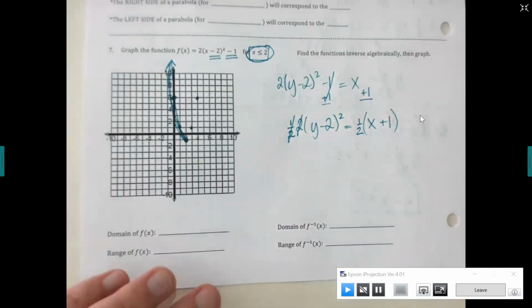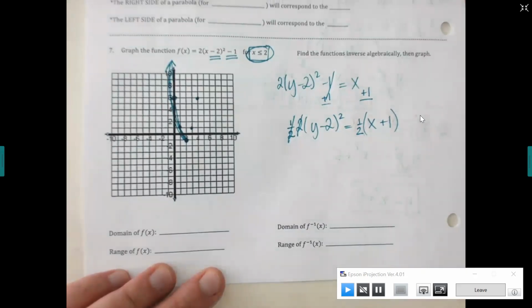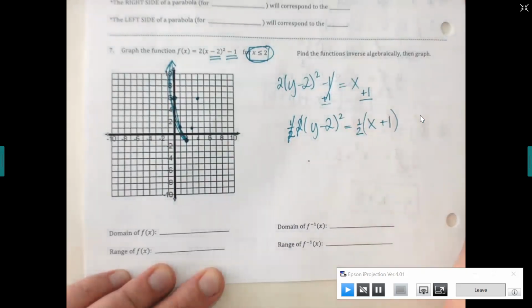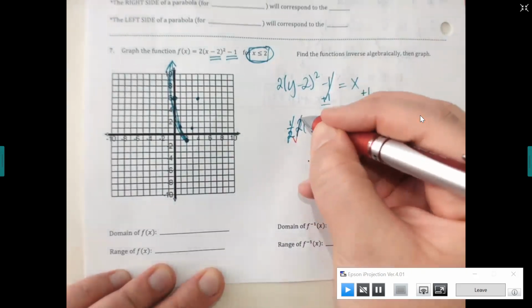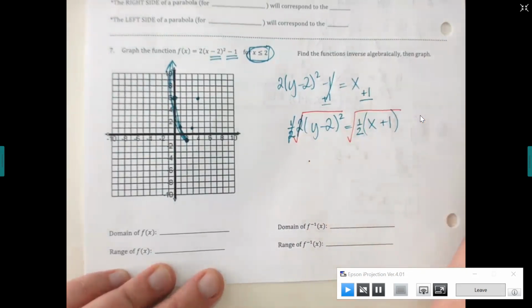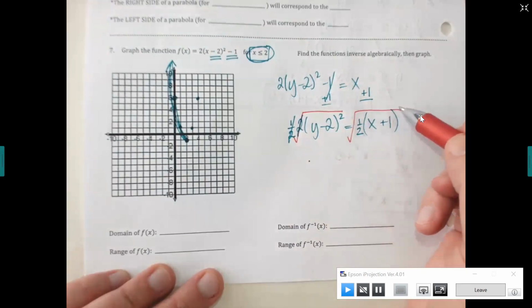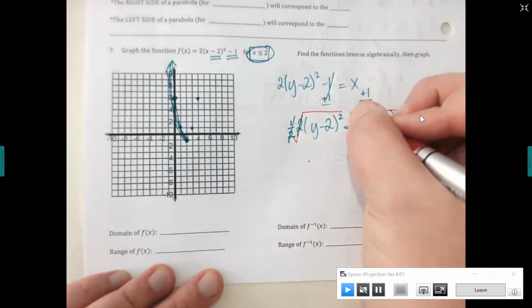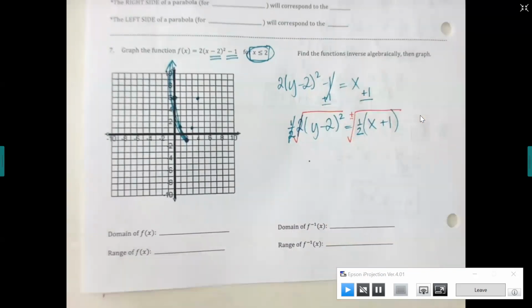Next, I need to get rid of the little squared. How do I get rid of a squared? Square root it. Now, when you square root, remember what we did in our notes the last couple weeks. When you square root, remember how it's a plus or minus? So now you're going to pick which side of the plus or minus you want based on which side of the parabola you want.